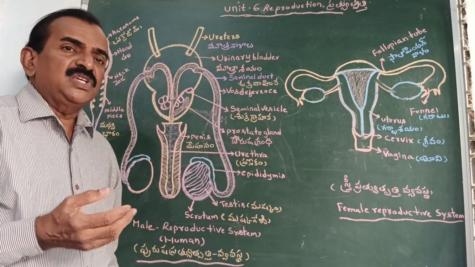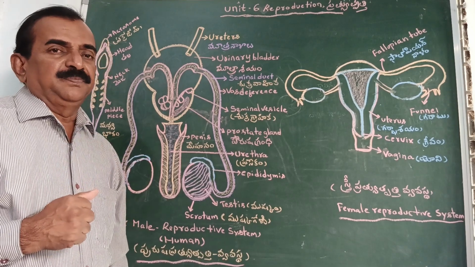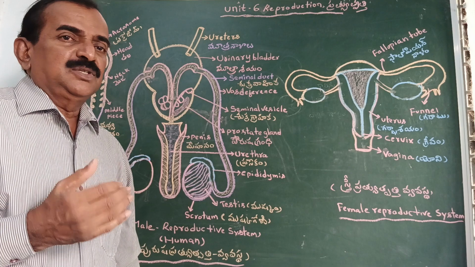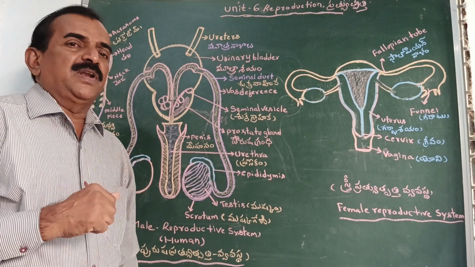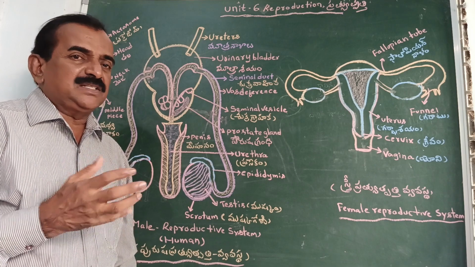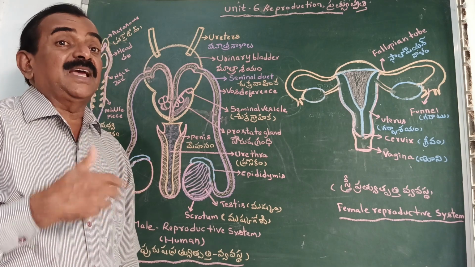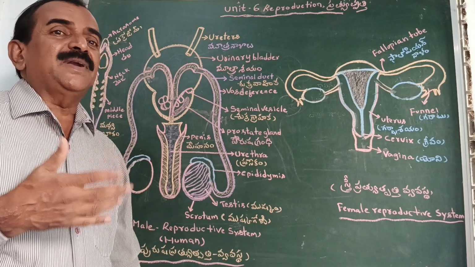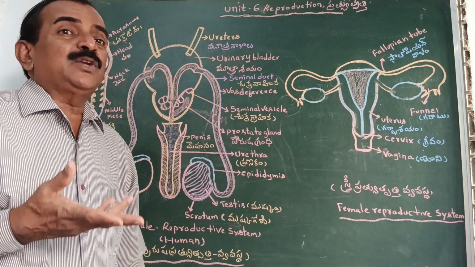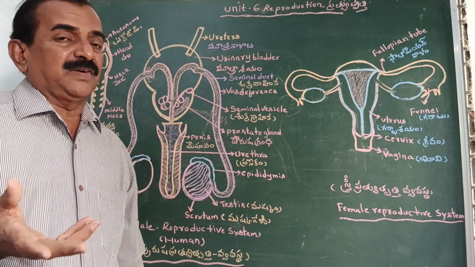Next, reproduction is of two types. In plants and animals we observe that reproduction is of two types: number one, asexual reproduction, and number two, sexual reproduction. In asexual reproduction, there is no involvement of gametes. Two parents are not required.